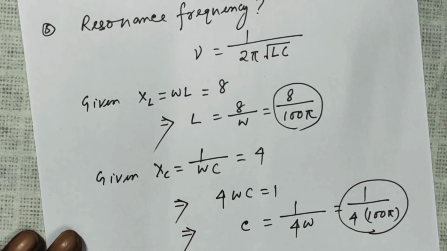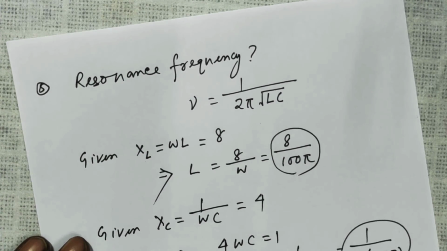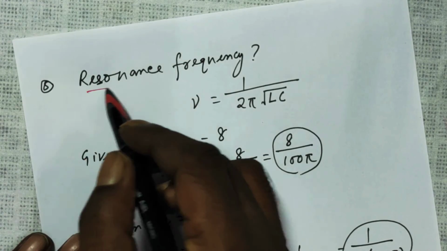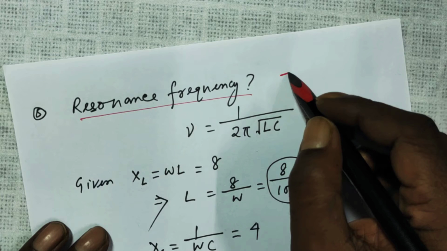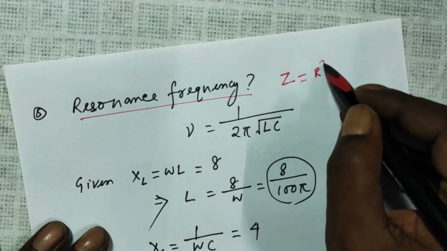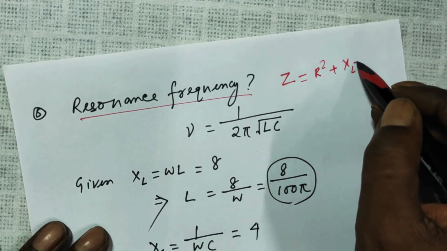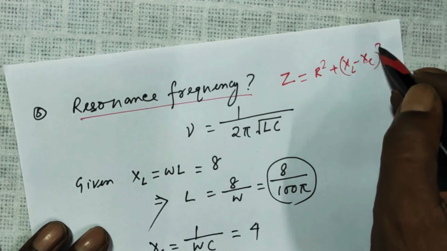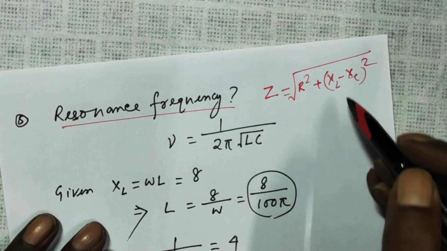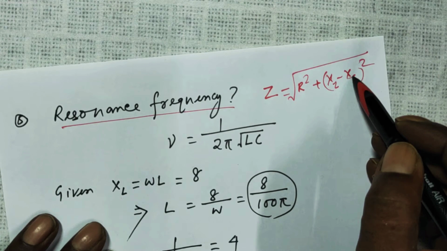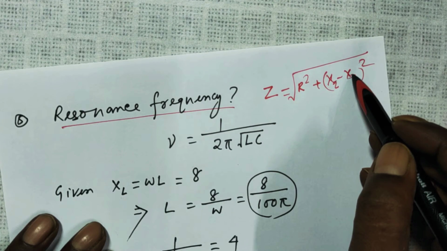Then coming back to resonance frequency. In series RLC circuit, resonance frequency I had explained. We had our impedance Z equal to the square root of R square plus the square of XL minus XC, right? Now, if XL was XC, then this minus this is 0.